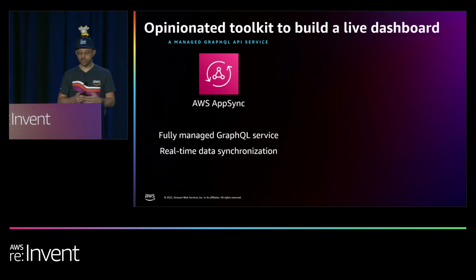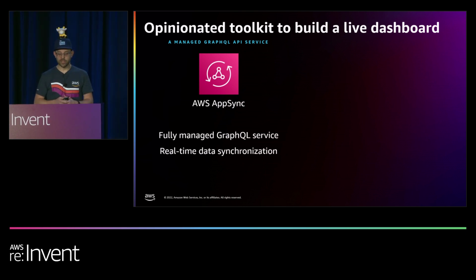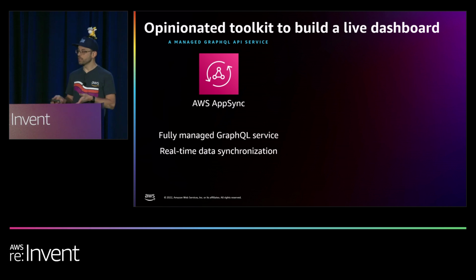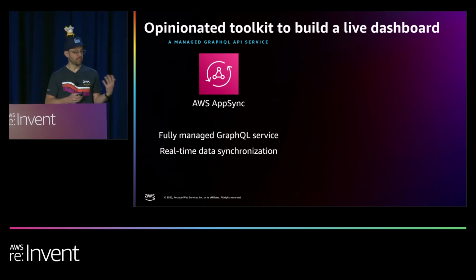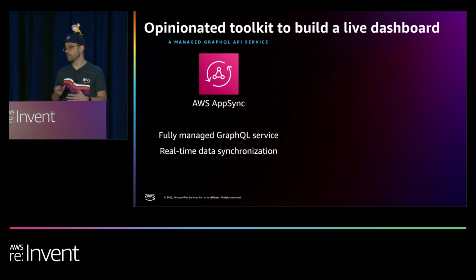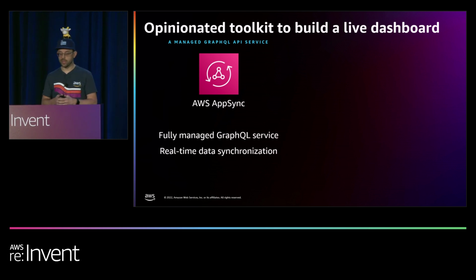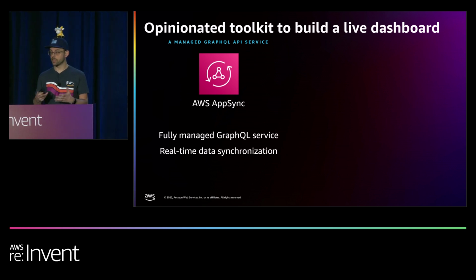Our live dashboard is a very data-centric application. We want to be updated in near real time of any poll result update. To do this, we need to use a synchronization mechanism. That's what the GraphQL subscription operation is all about. GraphQL is a query language and a runtime to run these queries.